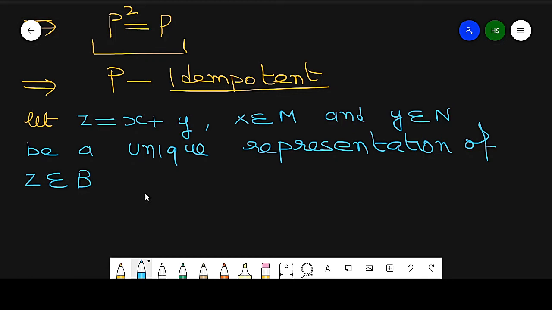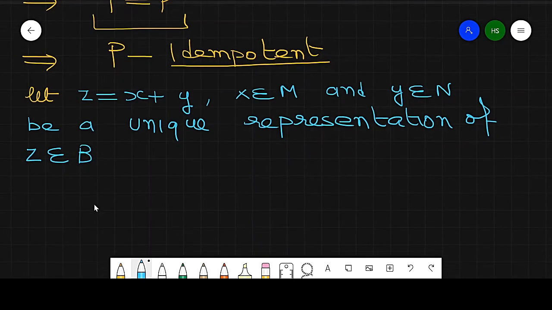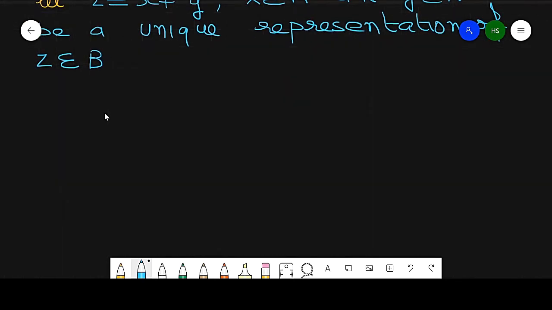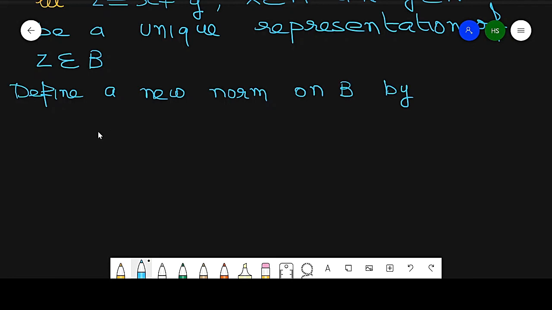Now I define some new norm. One norm on B already exists, that is the simple norm, and this is the second norm on B. So this is the norm of z dash.